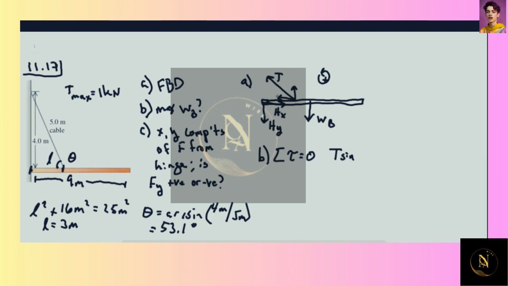And if a force, or a vector in general, is directed in the same direction as another vector you're taking the cross product of, the value of the cross product is 0.